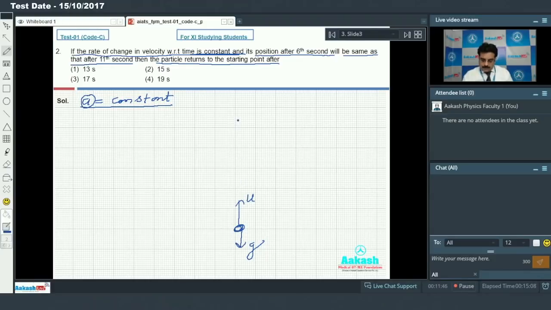Now if I divide the journey of the ball into regular time intervals, according to the problem, if I take this as the 6th second, in this situation the body is going up with velocity v, and after the 11th second the body will be in the same position.